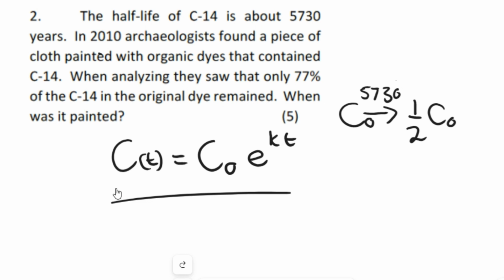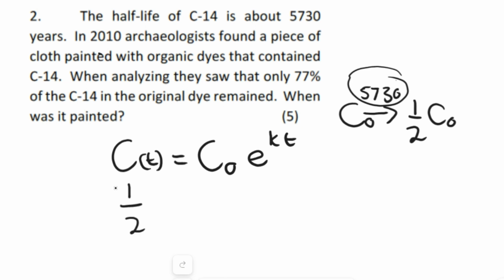Okay. Now what we do is, we have C at time t. At time t, after this many years, we get carbon at time t, and that carbon at time t is now half of carbon initially.